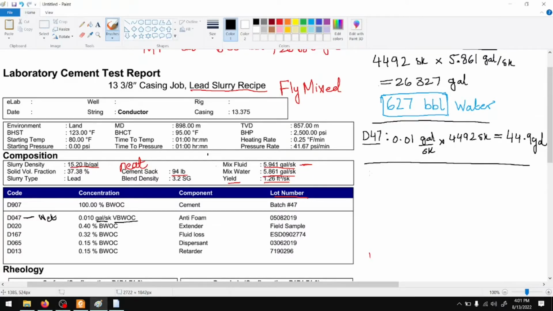But with dry chemicals, let's say D20, which is bentonite. Okay, they're adding bentonite to a 15.2 ppg slurry. This is probably done because they're using a lower concentration of flak, perhaps.